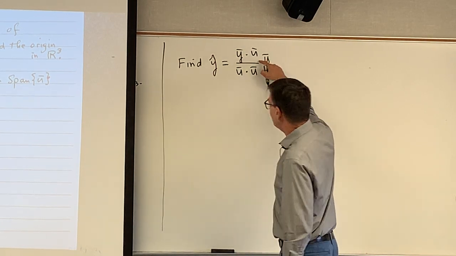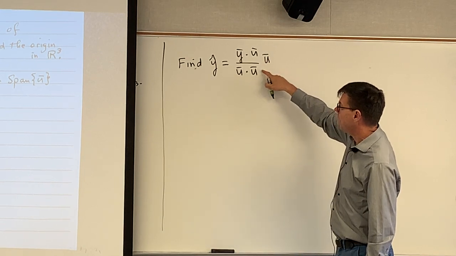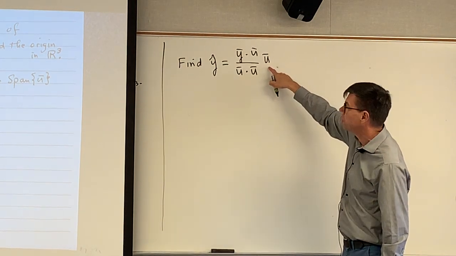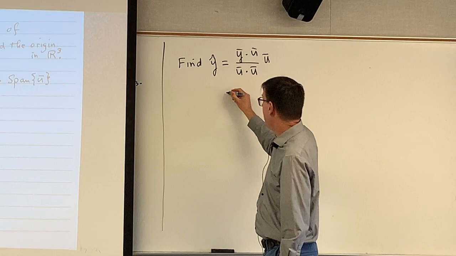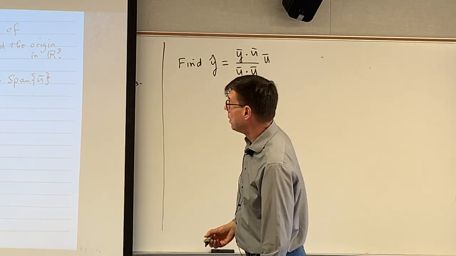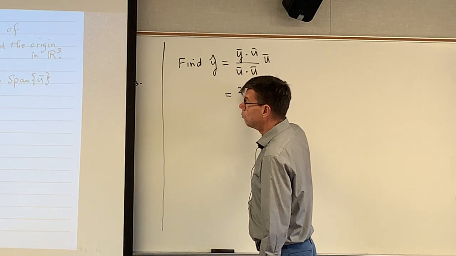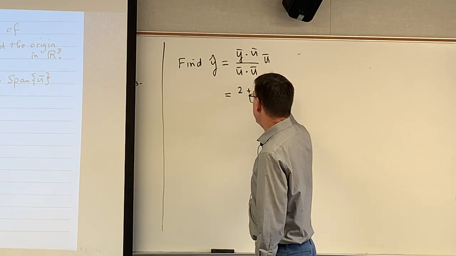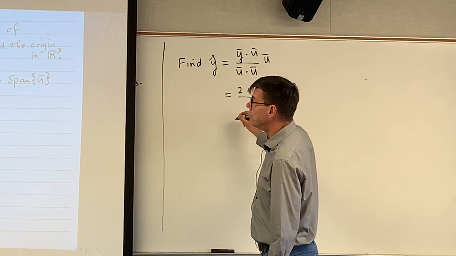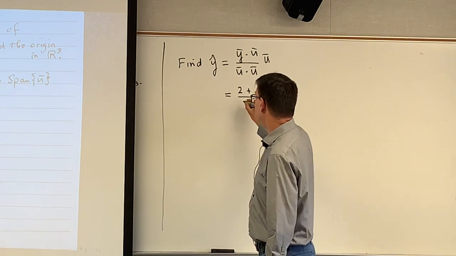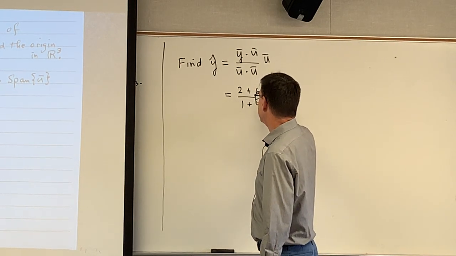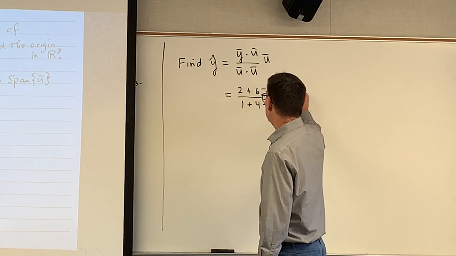This quotient of dot products is just a scalar, so we take a scalar multiple of the vector u. And what's my y dot u here? It's going to be 2 plus 6 minus 15, over u dot u, which is 1 plus 4 plus 9, times the vector u.